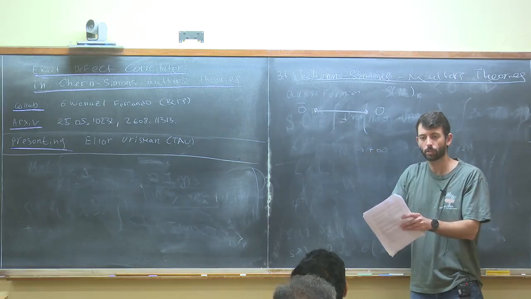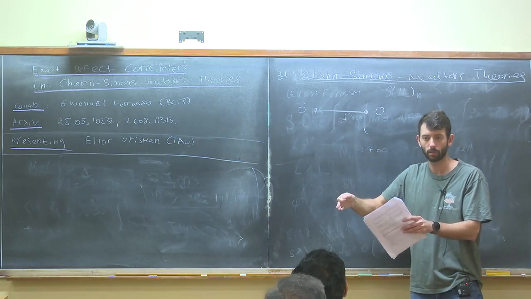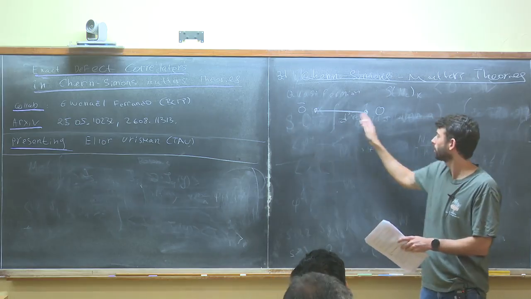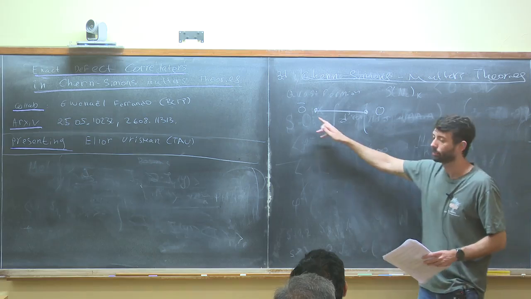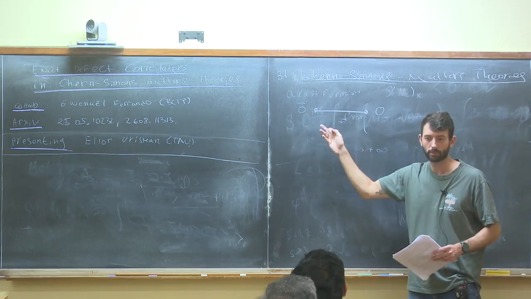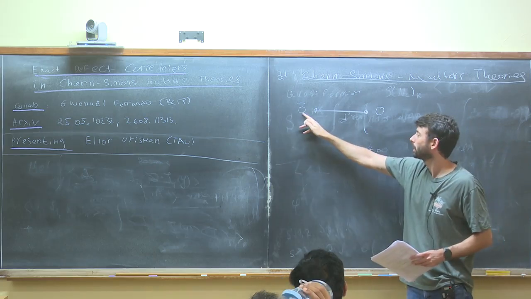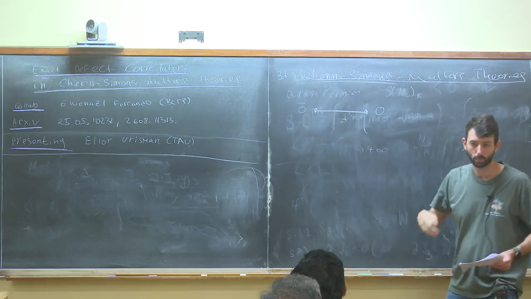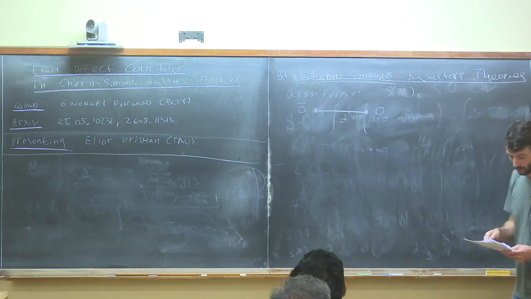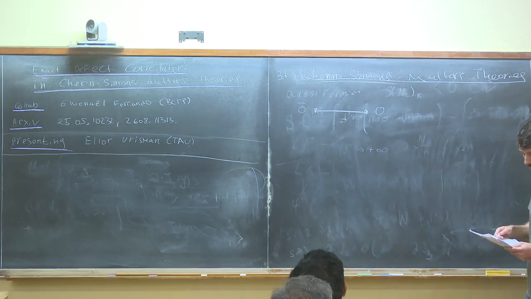So it's engineering dimension plus some function of the 't Hooft coupling plus 1 over N. They are classified by two quantum numbers. Because it preserves SL(2,R), they have here the dimension, which is a non-negative number, and some spin, which can be fractional.